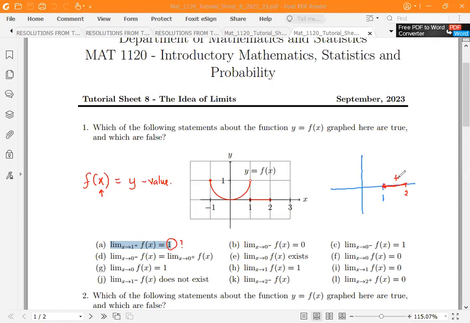So it means that the limit as x approaches 1 from right of the function f is actually equal to 0, because we all know that on the x-axis, y is 0. And the line is sitting on the x-axis. So y is 0 there. So it means that the first statement is false.